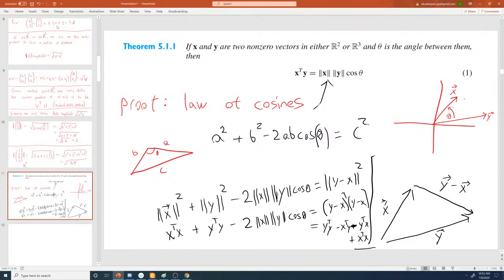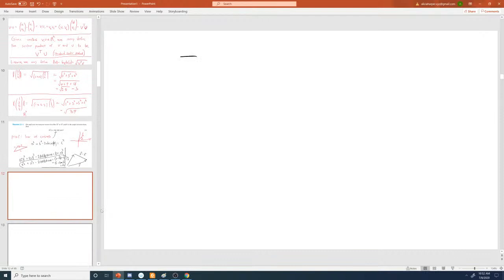And if we take this over here, and we simplify the whole expression, what we find is that negative 2 times the length of x times the length of y cosine theta is equal to minus x transpose times y minus y transpose times x.